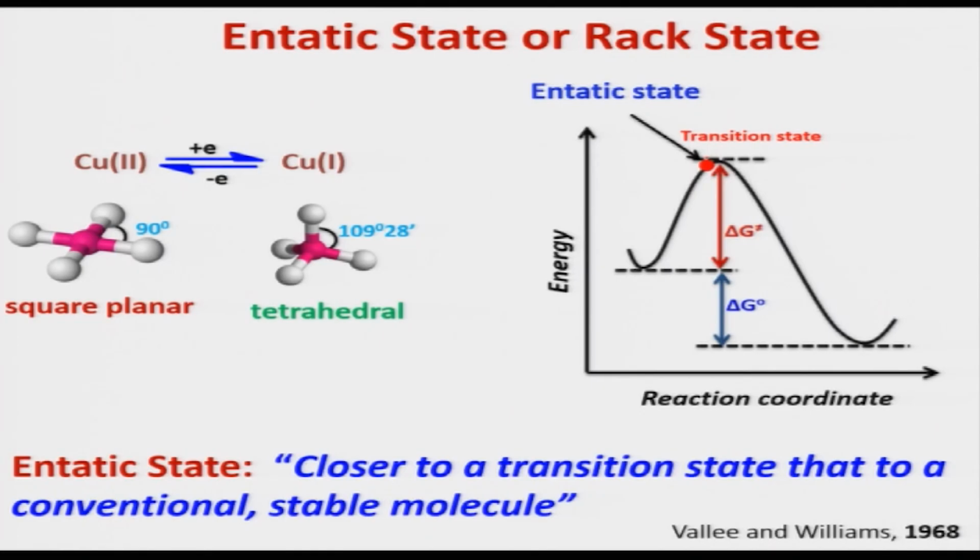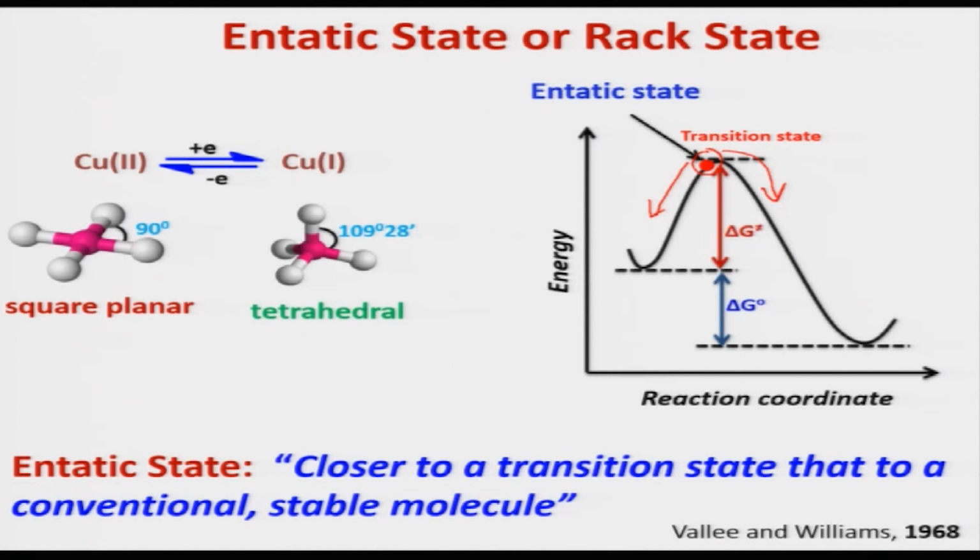You can see a hypothetical diagram shown over here. This molecule is close to the transition state. So, it can go in this direction or the other direction very easily, because reorganization energy is very less. It is neither square planar nor a pure tetrahedral.